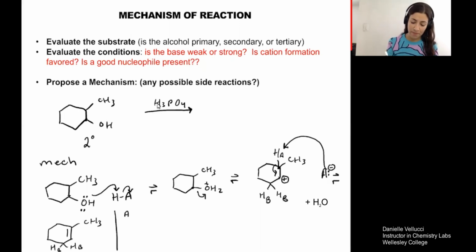Alternatively, from the carbocation intermediate, we could have had the base choose HB at the less substituted carbon.